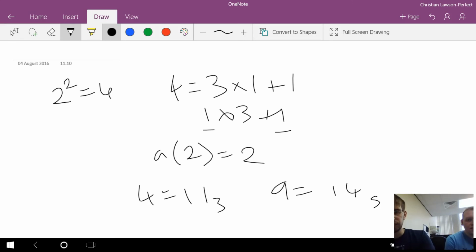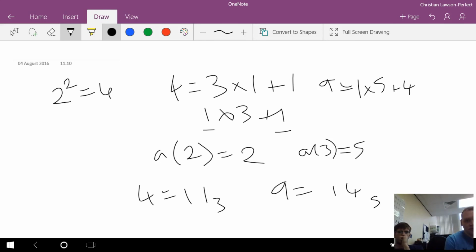So the digital sum of that is 5, because 9 is 1 times 5 plus 4. So is it obvious, in fact? Is n squared always going to have a 1 as the first digit?